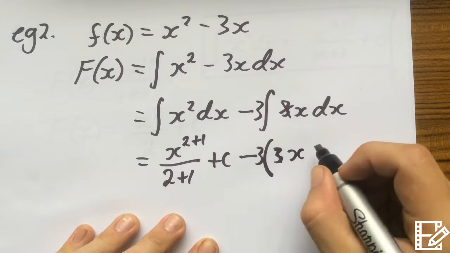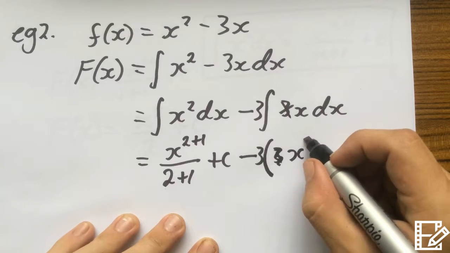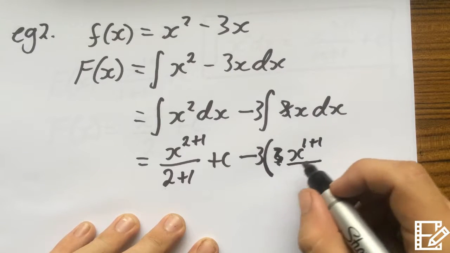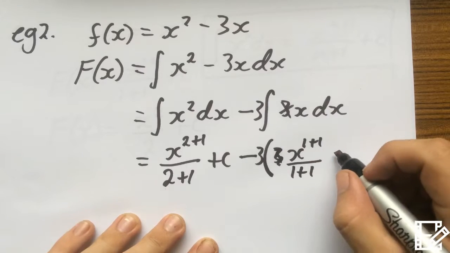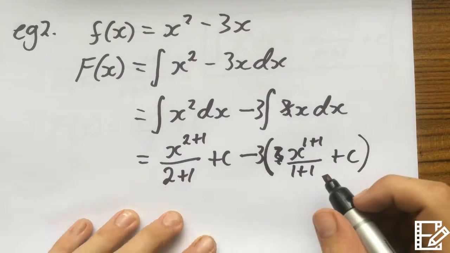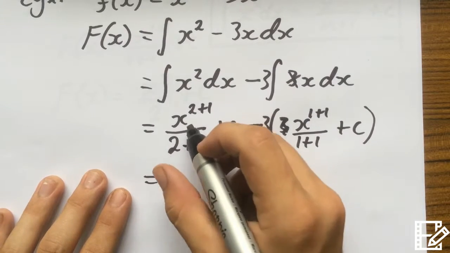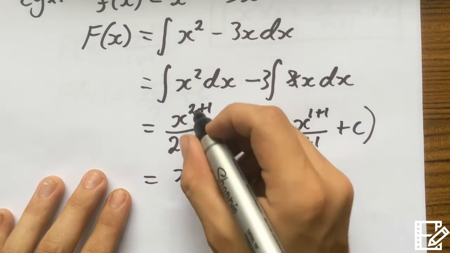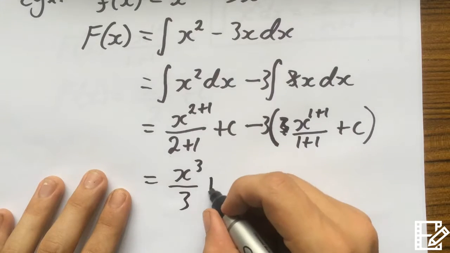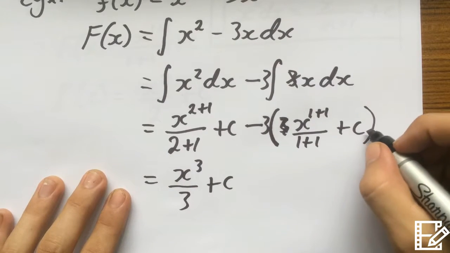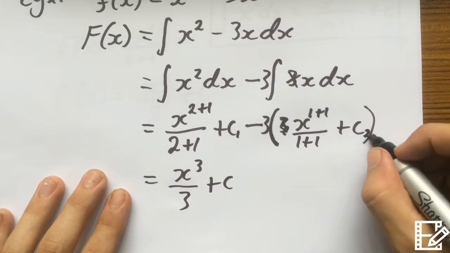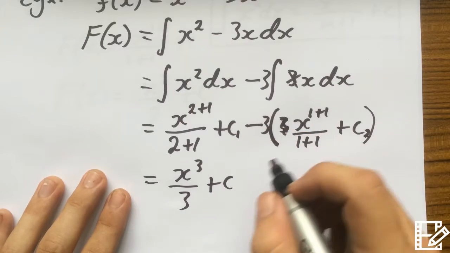So x, you add 1 to the power, which should be 1 plus 1, divide by the new power, plus c. Now, to simplify this, we have x to the power of 3 over 3 plus c. I'll call this C1 and C2 because they may or may not be the same, we don't know.